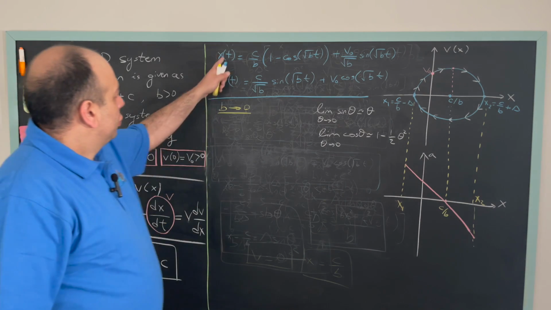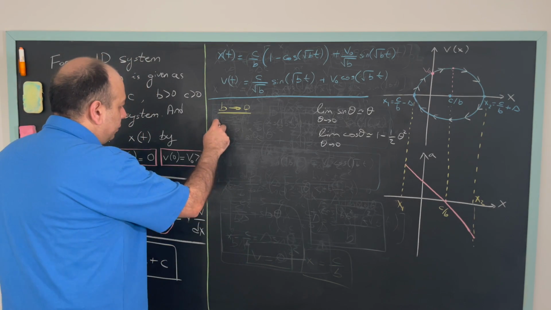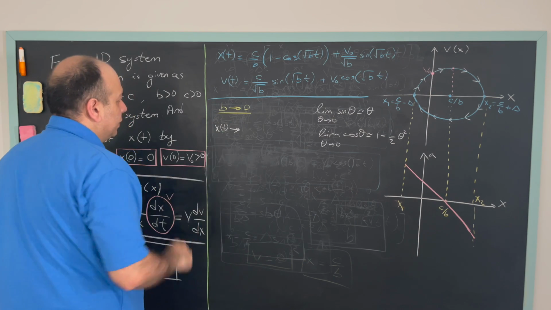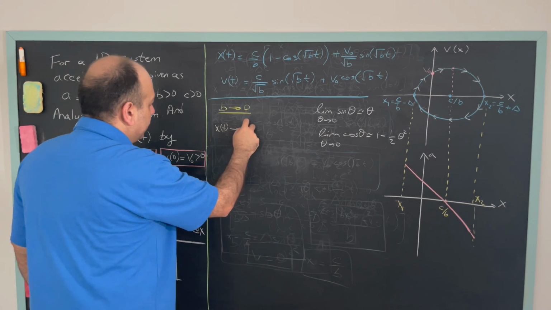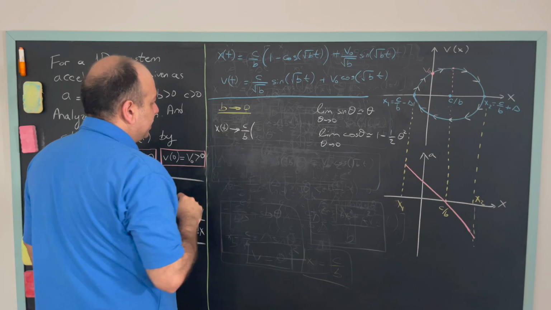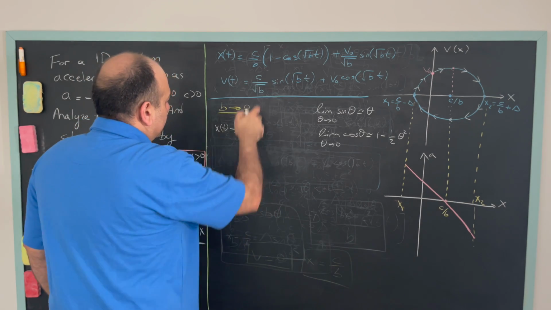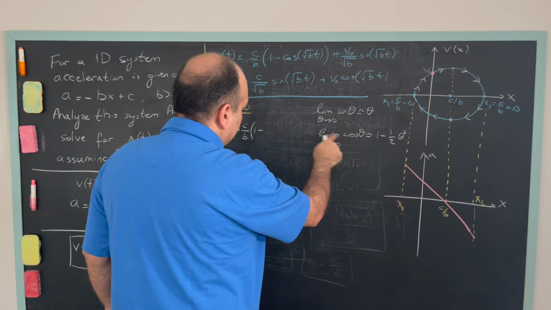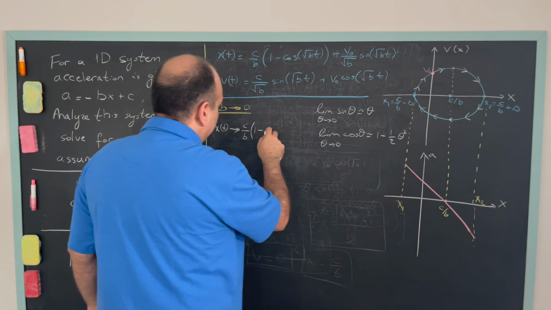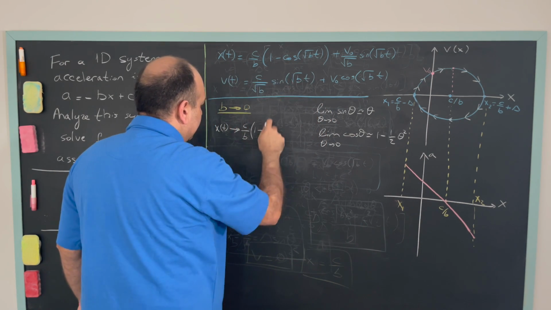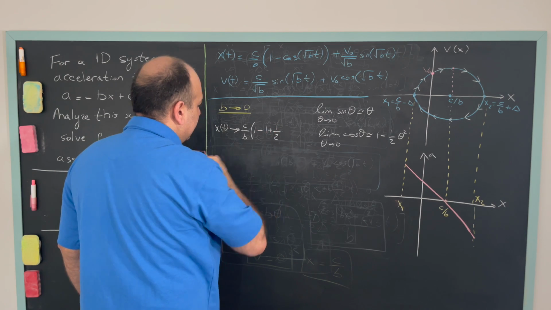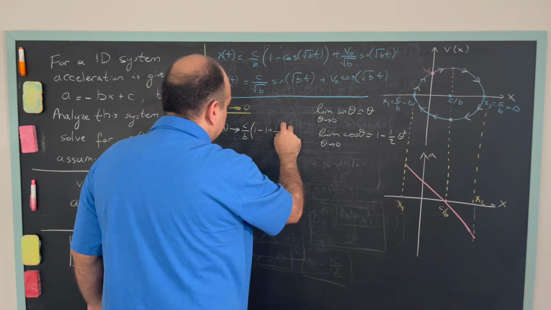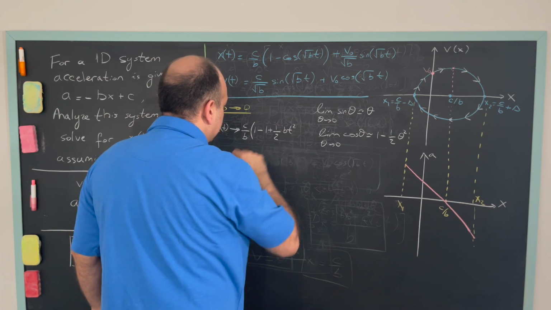Okay? So x of t will tend to this limit, c over b parentheses, 1 minus, the second term is a cosine function, so this minus becomes like 1 plus 1/2, the square of that, say b t squared.